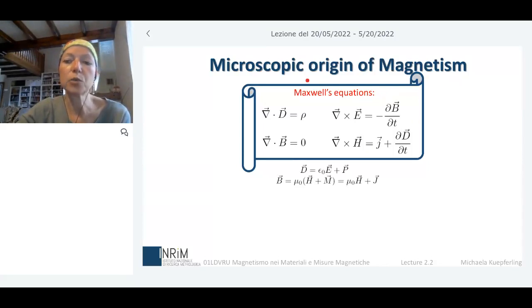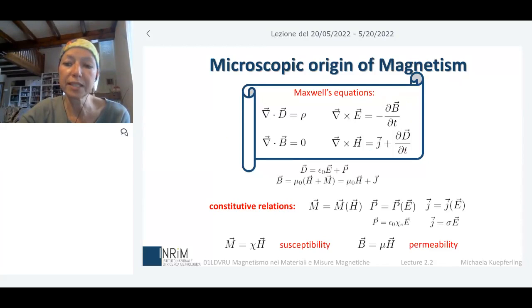Because in order to apply Maxwell equations, we need the constitutive relations. Constitutive relations tell us how a material behaves if we bring it into a magnetic field or an electric field. And this depends, of course, on the properties of the material, like the susceptibility or the permeability.